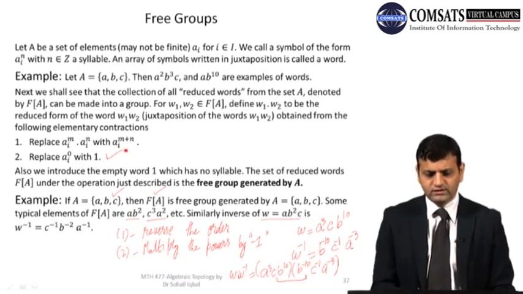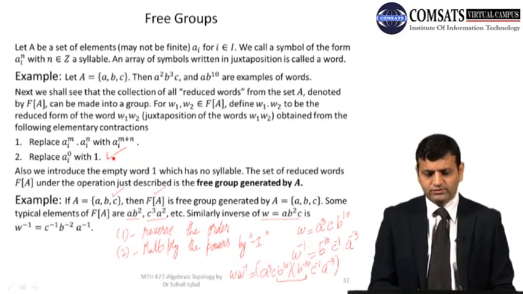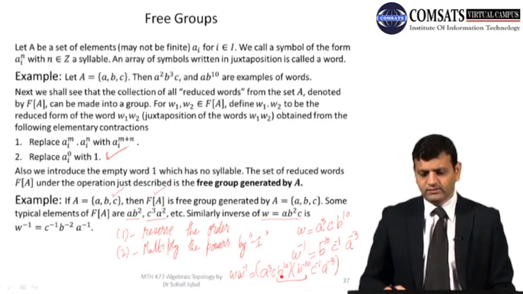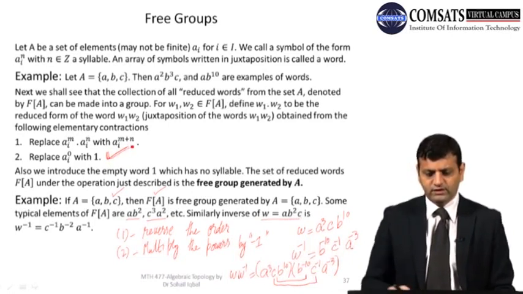Basically we will be using the second step of reduction, because b raised to power 0 is basically 1 according to this rule. Similarly, in the next step we will get c raised to power 1 and c raised to power minus 1, and their product will be c raised to power 1 minus 1, which is c raised to power 0. Once again, according to this rule, it will be 1.